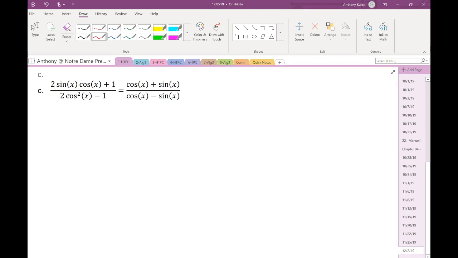If we were to work on the left-hand side, what would be the first thing to do? I'm going to turn 1s into sine squared plus cosine squared. You know what? We'll do them concurrently. How's that sound? Like at the same time? Yep.